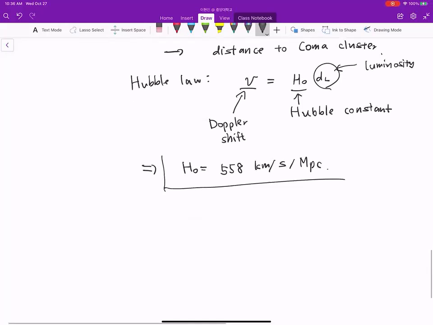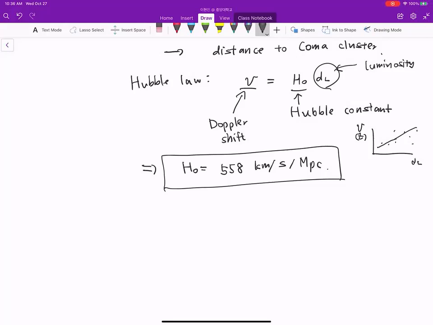The plot is not linear. If you see the redshift as a function of distance, the galaxy data is randomly distributed, and then you just draw a linear line to fit the data.